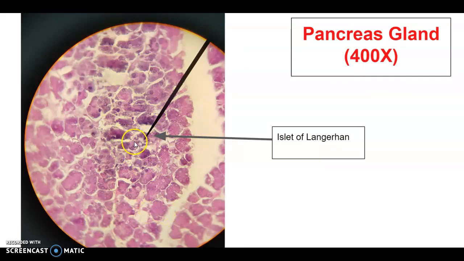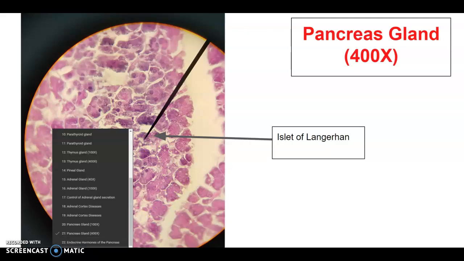All right, I have a better picture, and you can clearly see the cell difference in the stain. Do you see the stain difference? So two questions for this slide. Identify the gland. What will you say? Pancreas. Identify the structure. You will say islet of Langerhans. You understand? Now, of course, when you're talking about a gland, you also need to know the hormones. So what are the hormones?